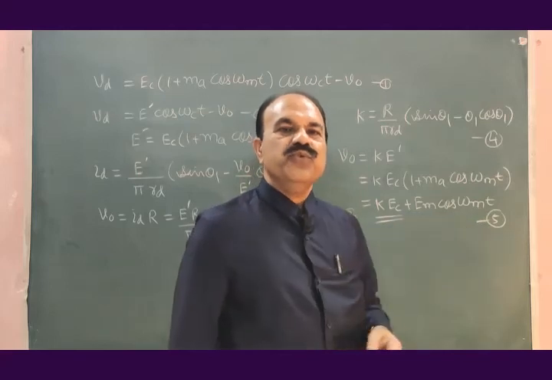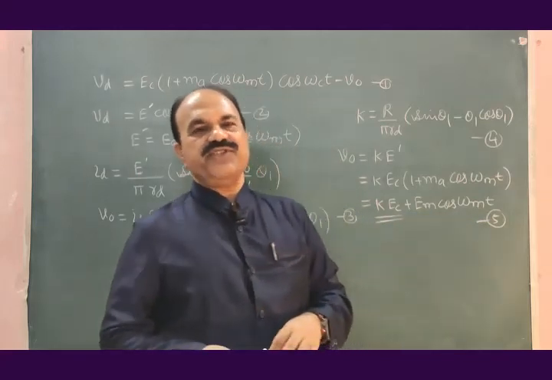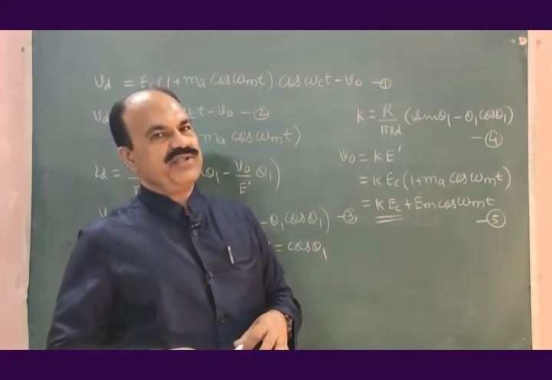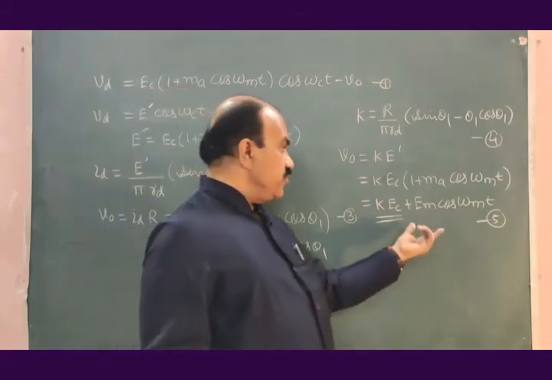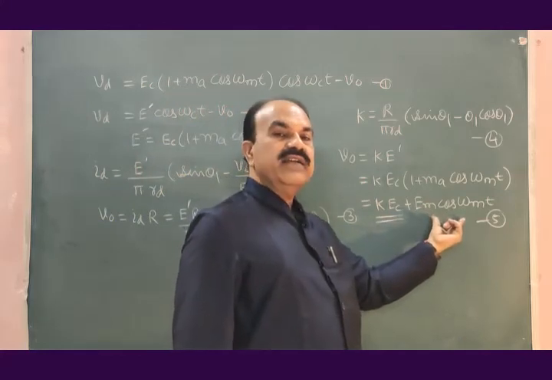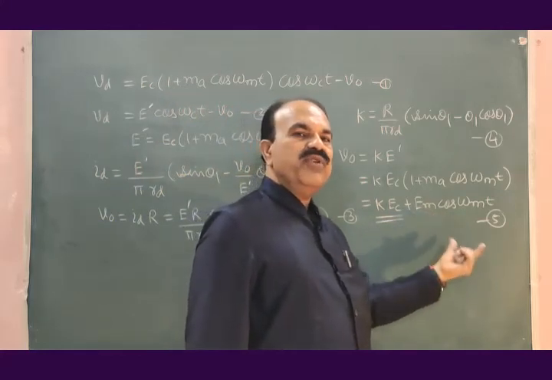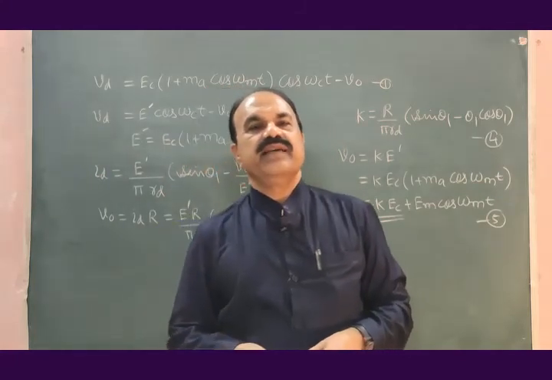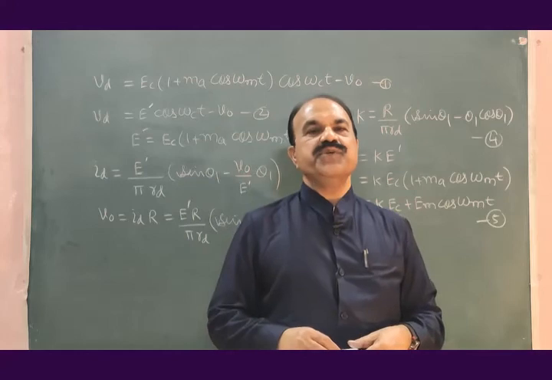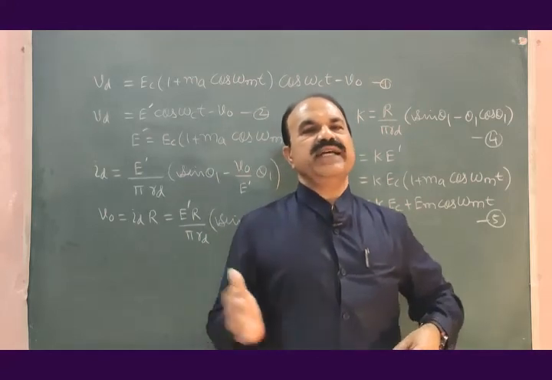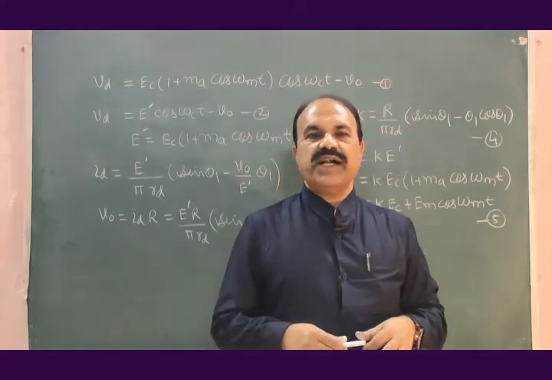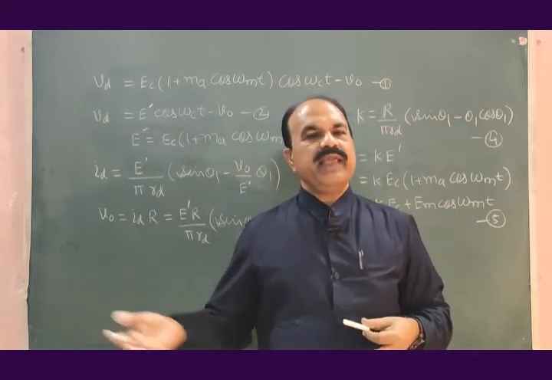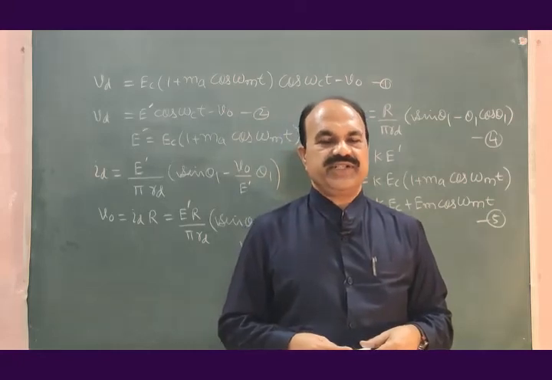This is the original modulating voltage which is having the audio or video information. So at the output we are only having the modulating voltage. This way the linear diode detector or demodulator can be used to recover, to extract the original audio or video information from the amplitude modulated voltage.